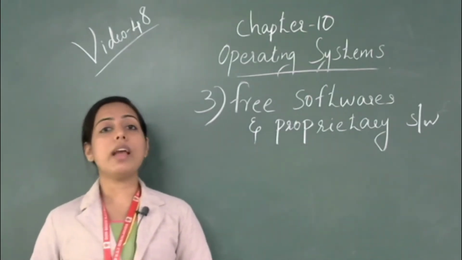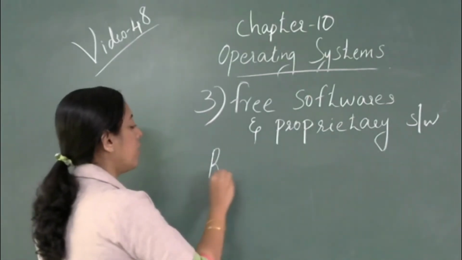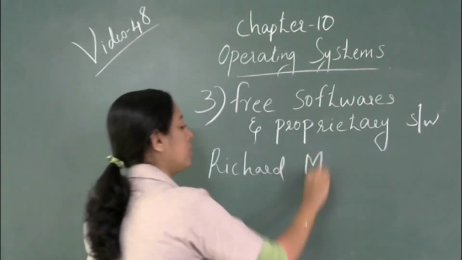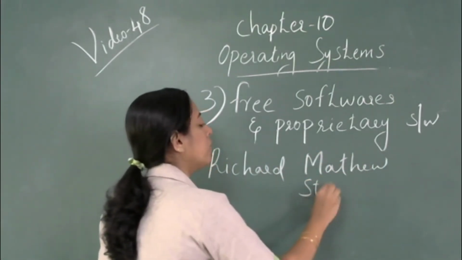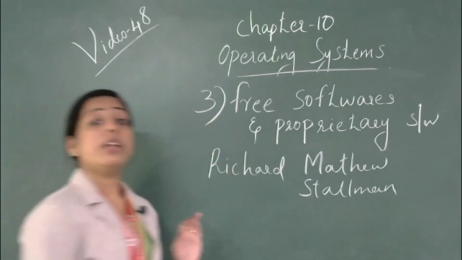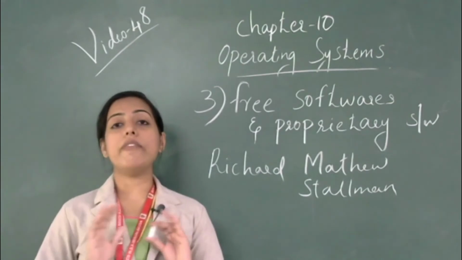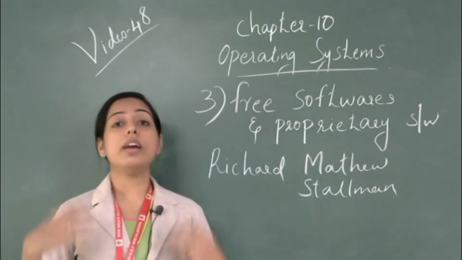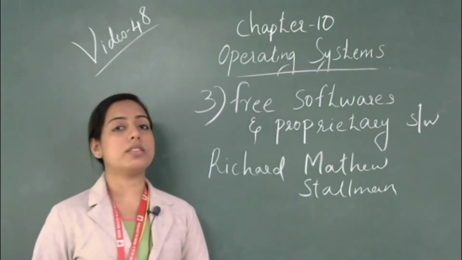So what happened is, one person called Richard Matthew Stallman invented a new operating system with which every person can freely access the software, modify the operating system, and share it.